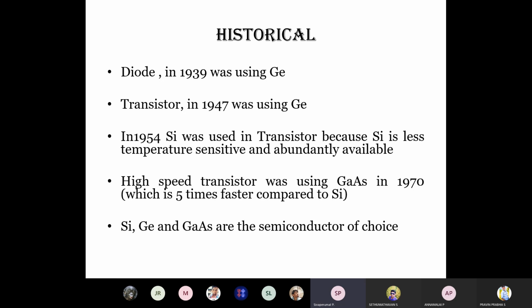Silicon, germanium, and gallium arsenide are the semiconductors of choice. Mostly silicon is used in our country as well as in Germany. Compared to the other materials, they mostly use silicon only.